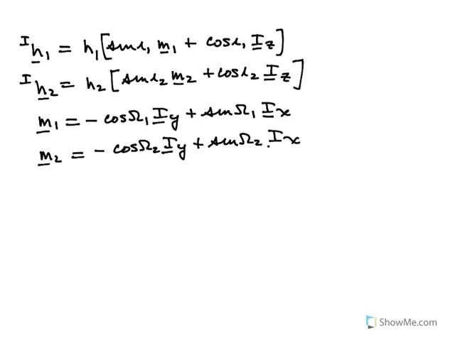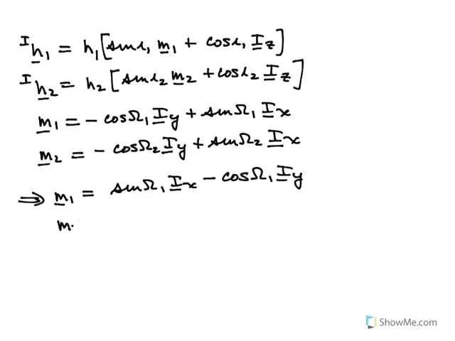So now if I put this in the order Ix, Iy, Iz, this gives me that M1 is equal to sine of omega 1 times Ix minus the cosine of omega 1 times Iy, and M2 is then equal to the sine of omega 2 times Ix minus the cosine of omega 2 times Iy.